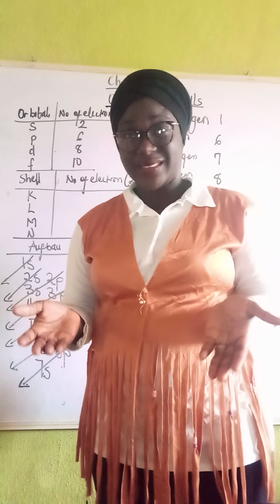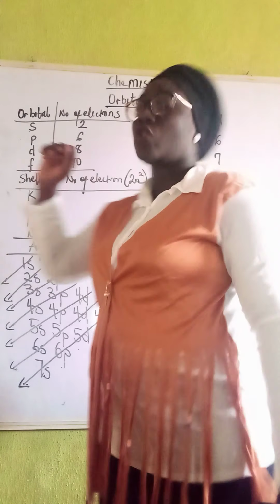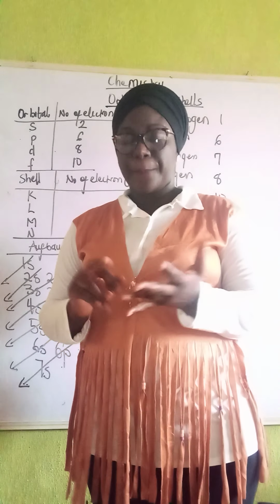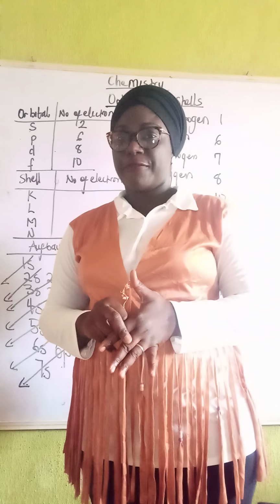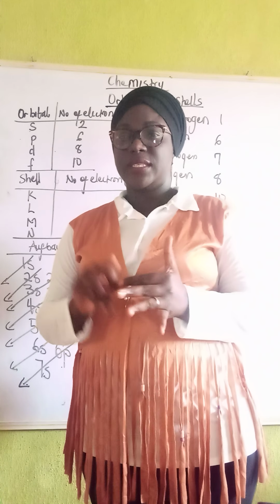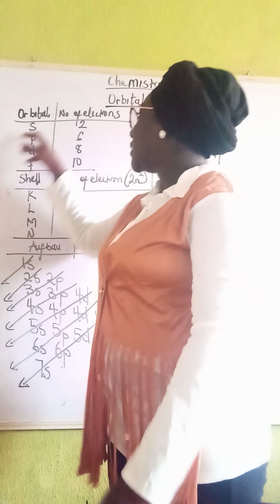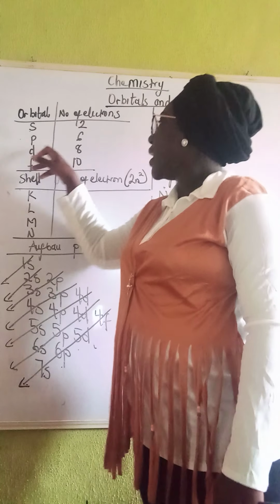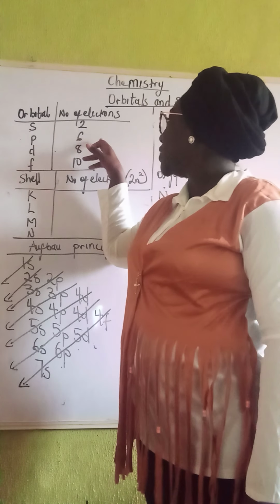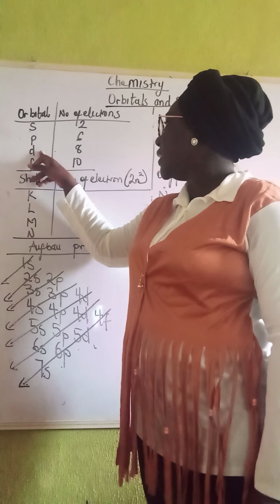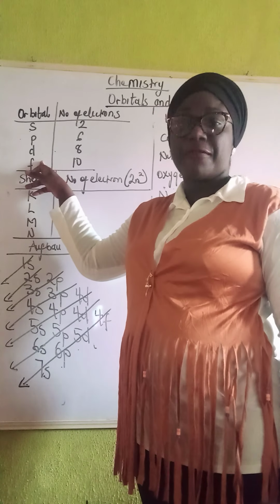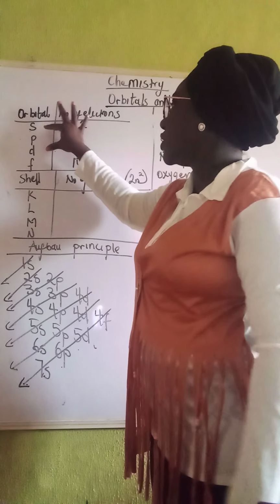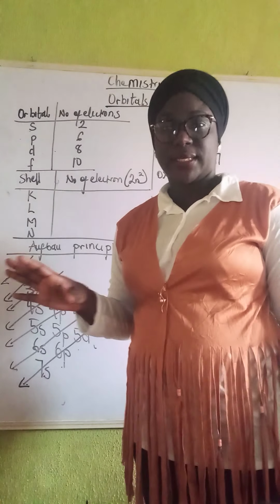If you're talking about orbitals in chemistry, we'll be mentioning S, P, D, F. The s orbital can only accommodate 2 electrons, the p orbital 6 electrons, the d 10 electrons, and the f 14 electrons. These are the maximum number of electrons each orbital can accommodate.